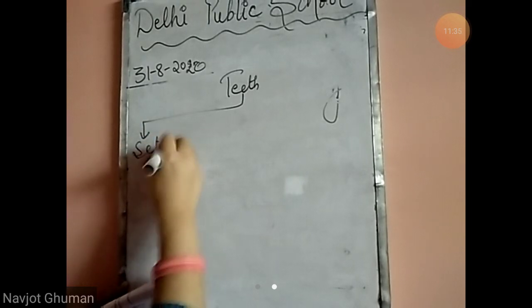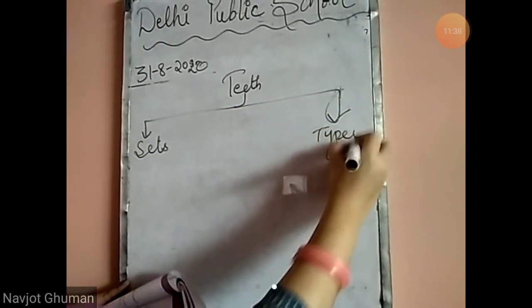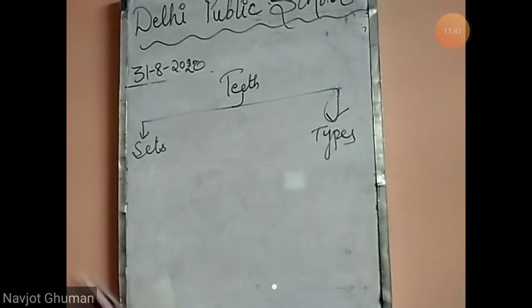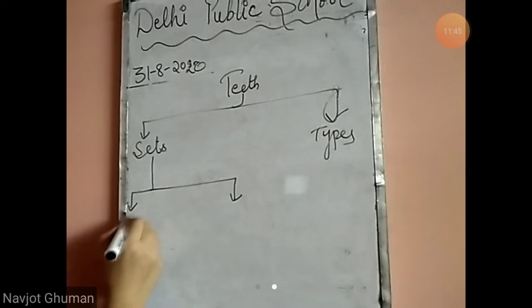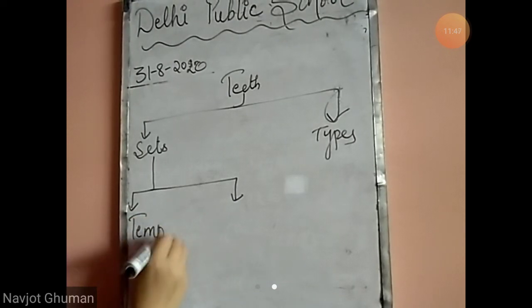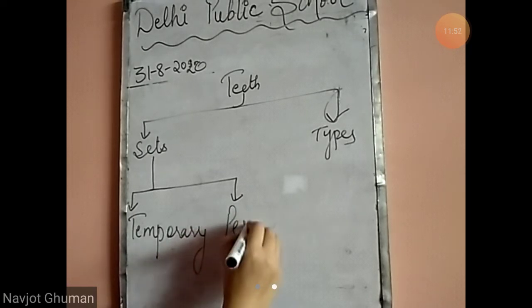And on the right hand side, we'll write types of teeth. Sets of teeth, we know there are two sets of teeth, temporary and permanent. Second one is permanent.